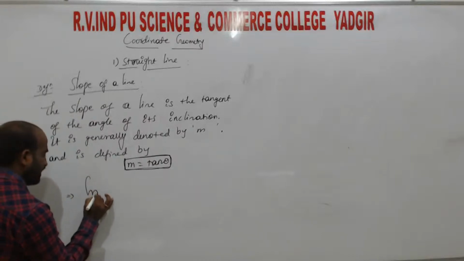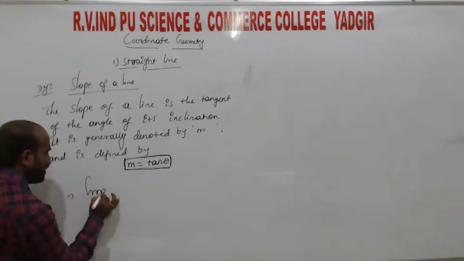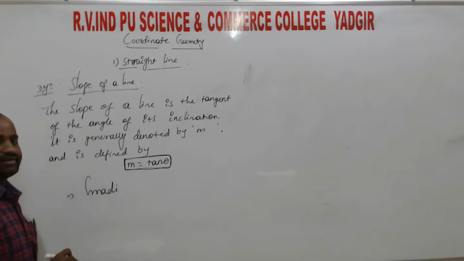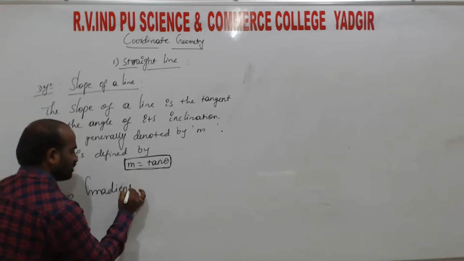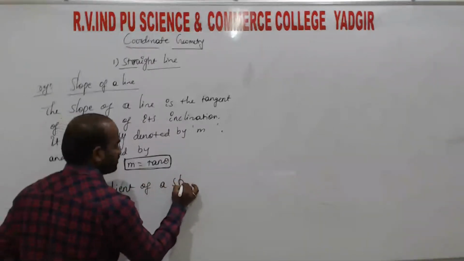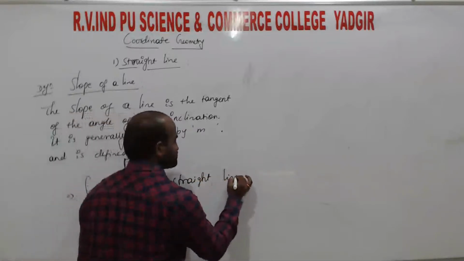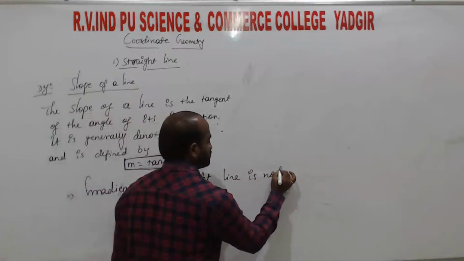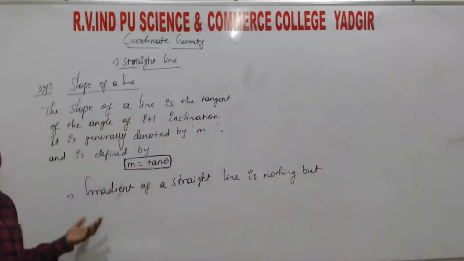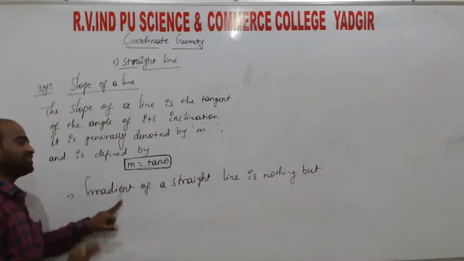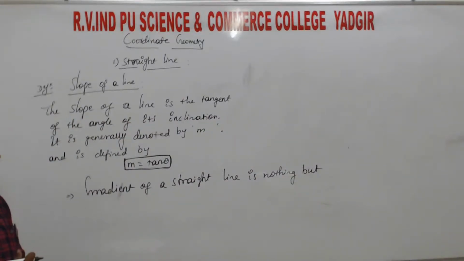This implies gradient. Gradient of a straight line is nothing but the slope of a straight line.